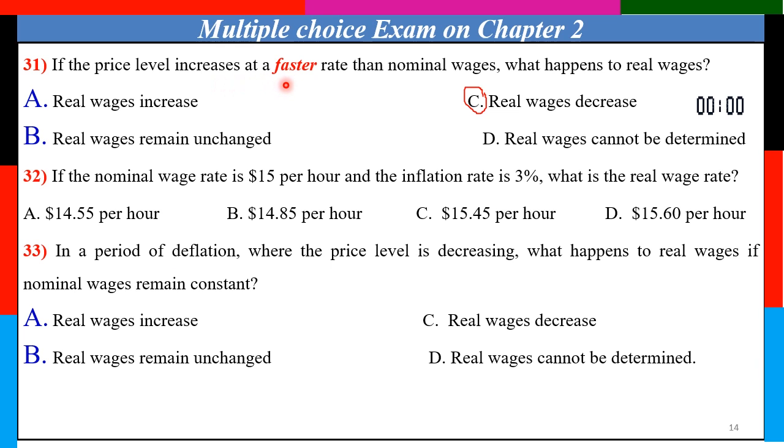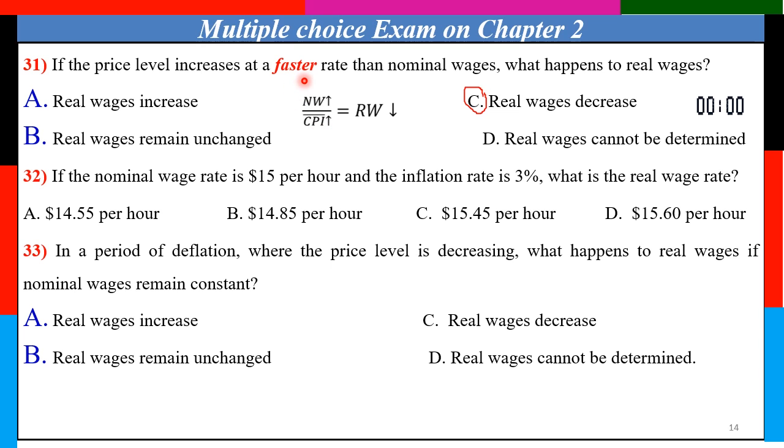An increase in the price level is what? Greater than an increase in the nominal wage. At that time, it creates what? The real wage to decrease. Even if both of them are increasing, nominal wage increases, price also increases, but the increase in the price is what?